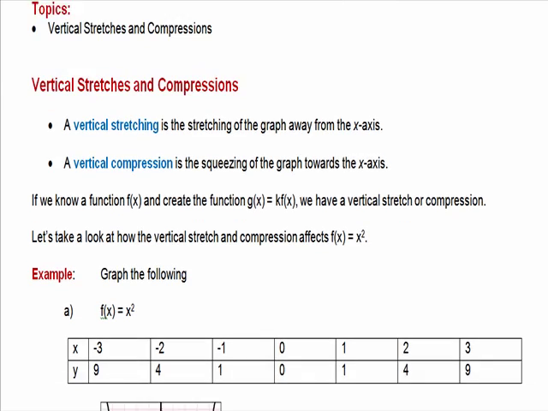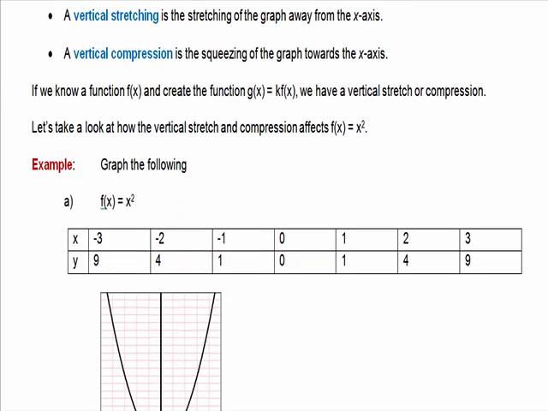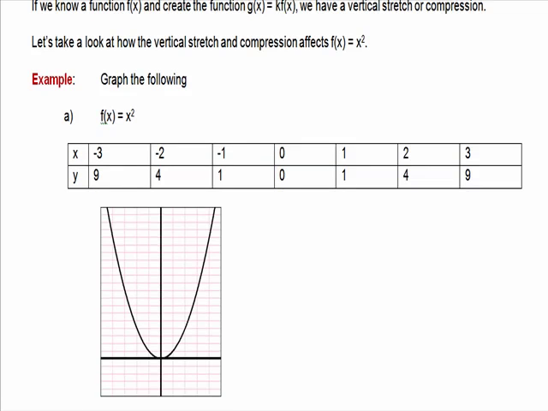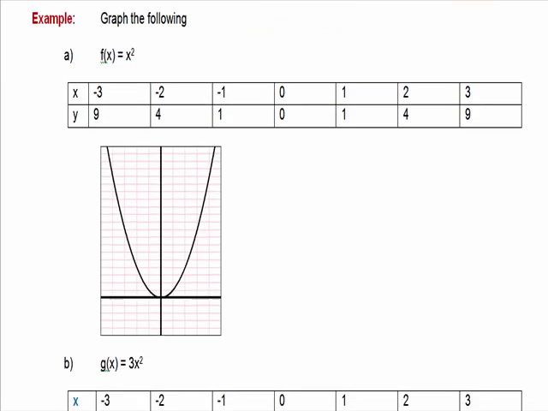The best way to illustrate this is to take a look at how this affects a function we're familiar with. Let's go back to our function f(x) is x squared. Like I did in an earlier section, I'm going to first graph f(x) is x squared, your standard everyday general parabola. I put some points on a table, and there's my function.